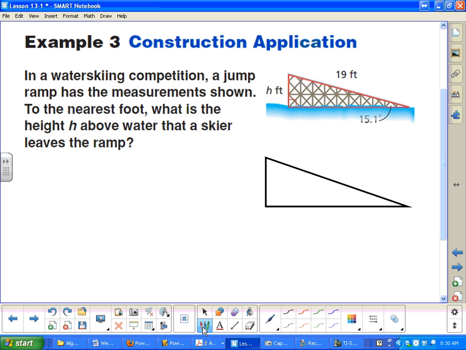So if I redraw this, here's my 15.1 degree angle. Here's my right angle. So this is 19 feet, and that would be which side of the right triangle? The hypotenuse, okay? It's across from the right angle, so this is the hypotenuse.